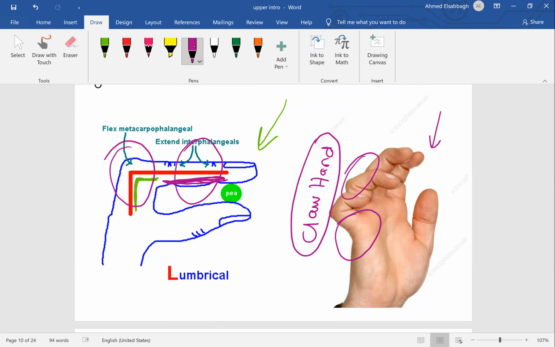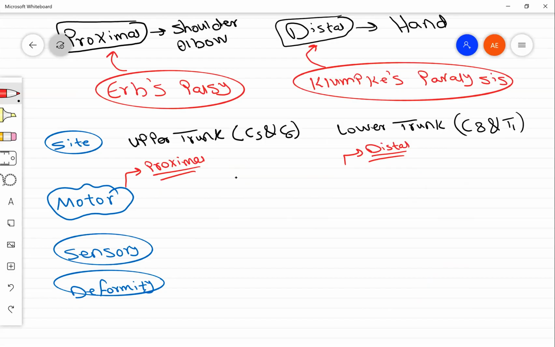Okay, this is the brachial plexus from the very base. So in case of Erb's palsy, what will be the motor problem?